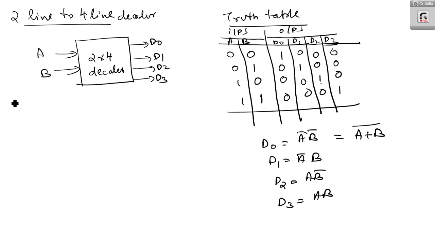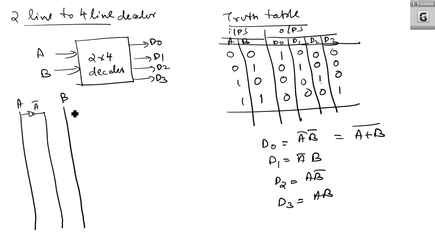Now if I am drawing the circuit, here I have A, next A bar, then B, and next B bar.